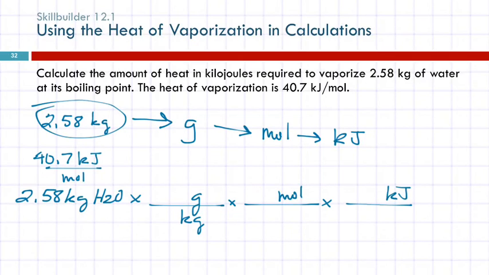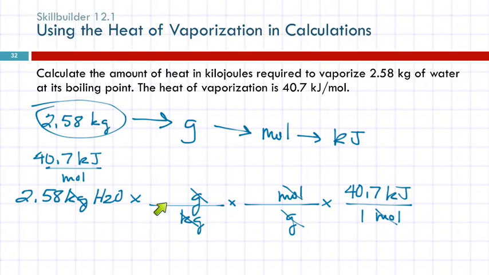We want kilograms down here so they cancel out. We want grams down here, and we want moles down there. Well, kilojoules per mole, that's this guy right here. 40.7 kilojoules for every mole. 40.7 kilojoules per 1 mole.